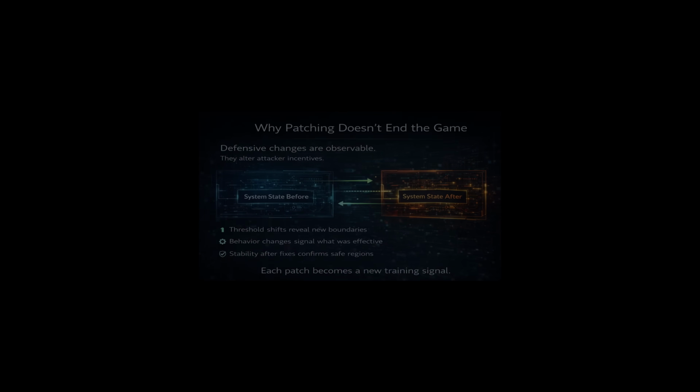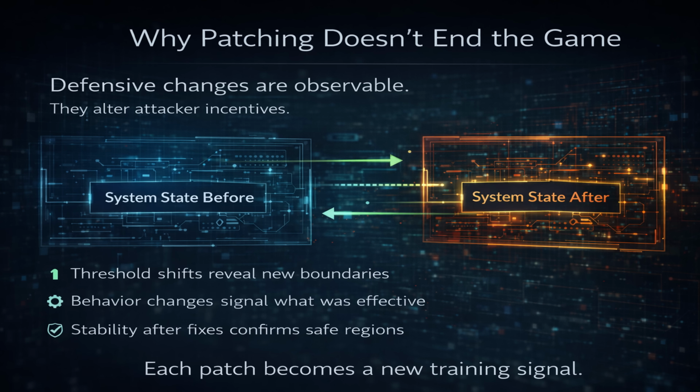When defenders respond to an attack, the system doesn't reset. It changes. Defensive patches, configuration updates, and threshold adjustments are all observable to adaptive adversaries, and those changes alter attacker incentives. Shifts in behavior reveal which controls were effective.